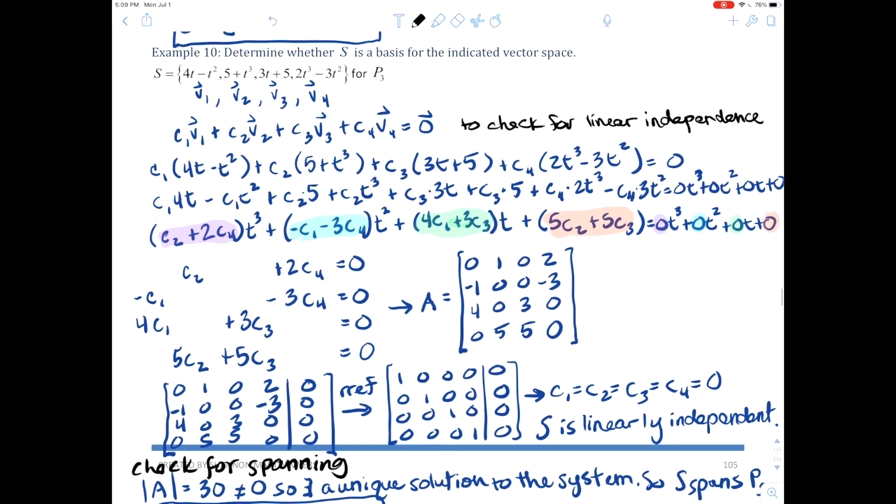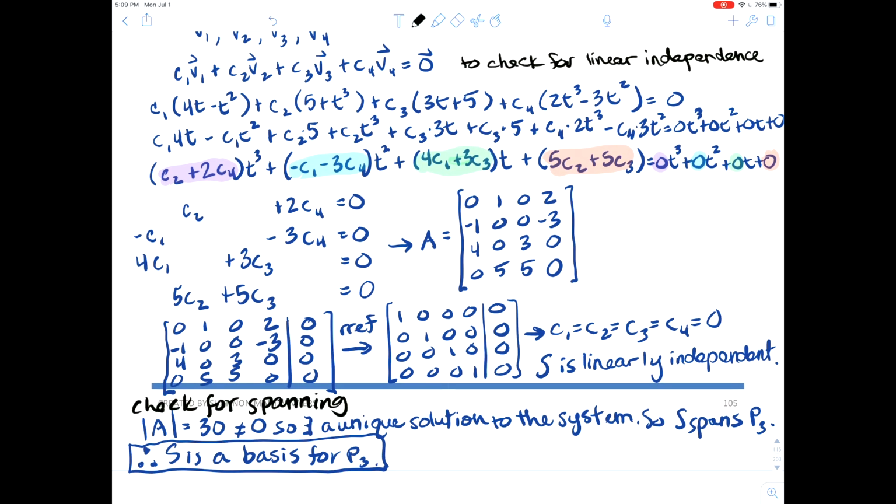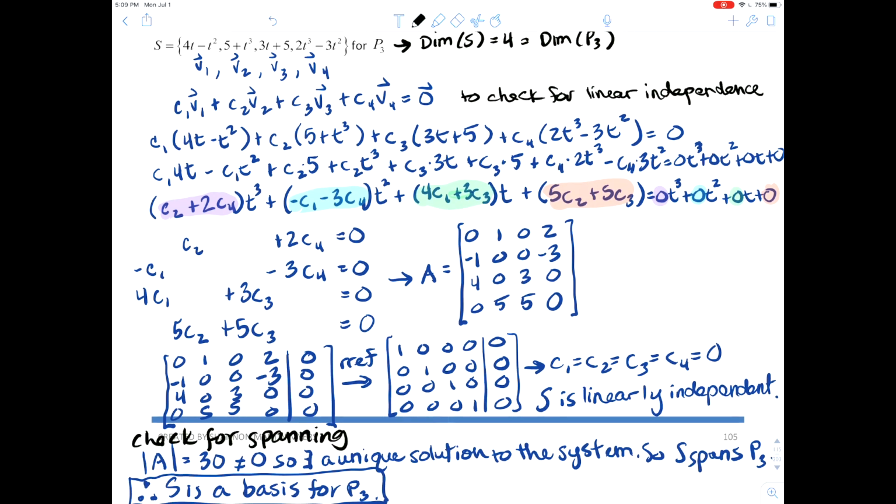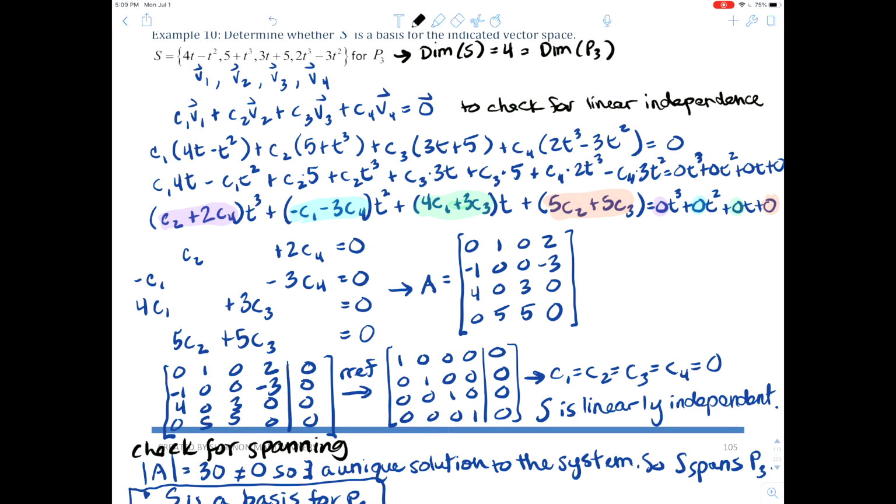So all we had to find, remember, was that it was linearly independent or that it spanned, and we could put that together with the dimension, right? Because the dimension of S would equal 4, which is equal to the dimension of P3. All right, so you could have done it a different way with just checking one thing.